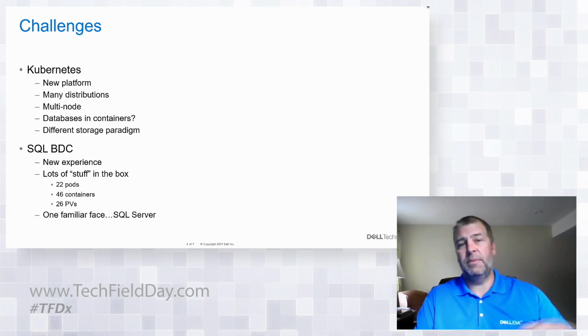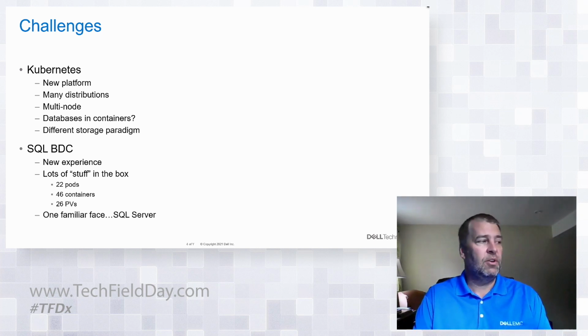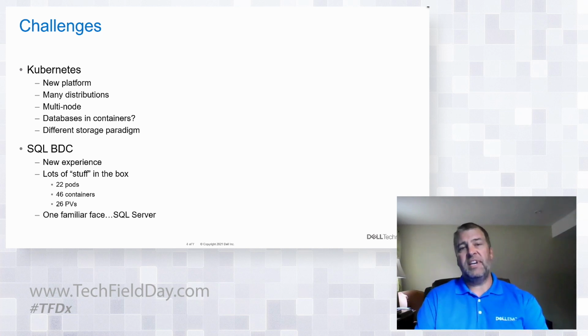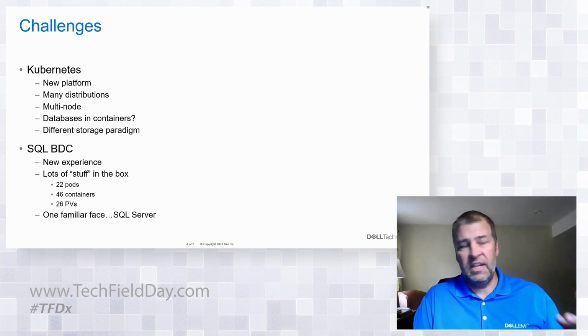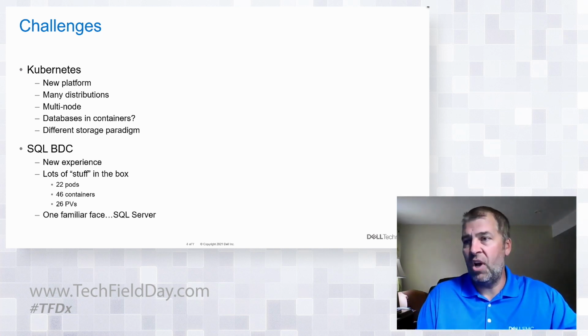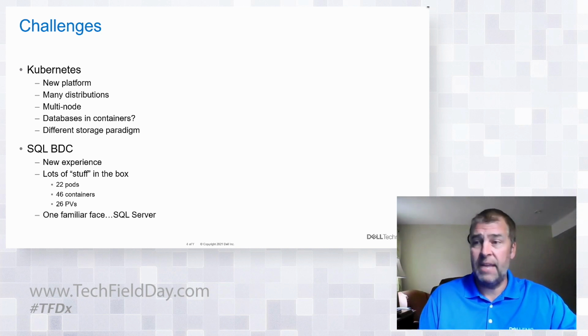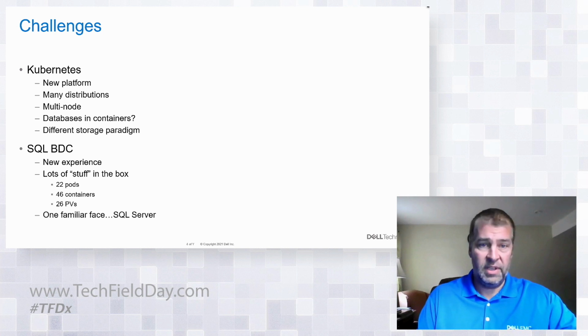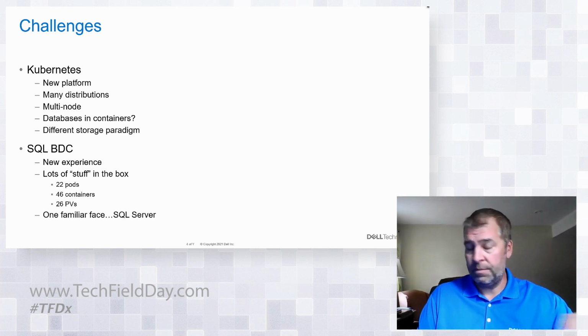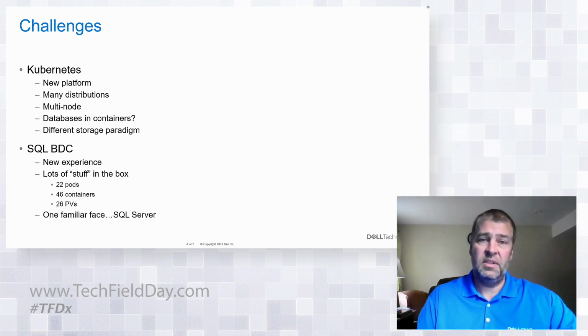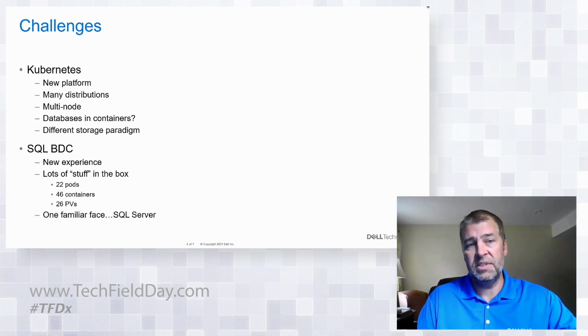We're looking at approximately 22 pods to be deployed within Kubernetes, 46 containers within those, and then 26 persistent volumes, which actually translate to storage volumes that are dynamically created when you deploy this whole thing. The good news is there's still a familiar face within this cluster, and that is a SQL Server instance that gets deployed in here.